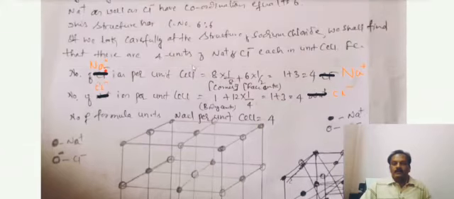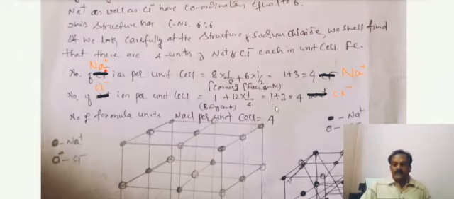So the number of Cl minus ions per unit cell is equal to 1 at the body center, plus the contribution of the edge particles. 12 is the total number of edge particles of Cl minus, and the contribution of each particle to the unit cell is 1/4. So 12 into 1/4 is 3, and totally we have 1 plus 3, which is 4 Cl minus ions.